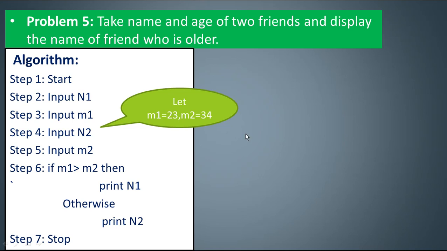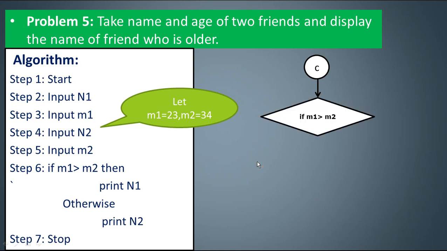Values: M1 is 23, M2 is 34. When you actually use this algorithm for finding the solution of an actual problem, you will have the actual values. Clear? So here the starting statement will be the same. But in the decision making statement, which part will be executed, that we have to understand. So if M1 is more than M2, is 23 more than 34, true or false?